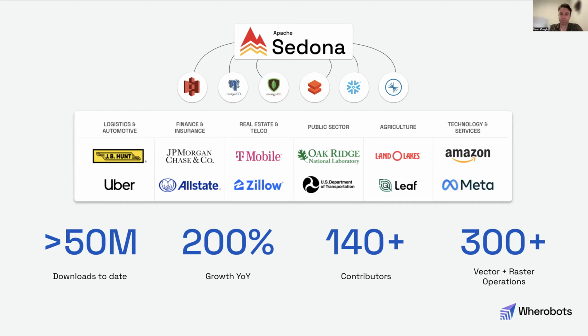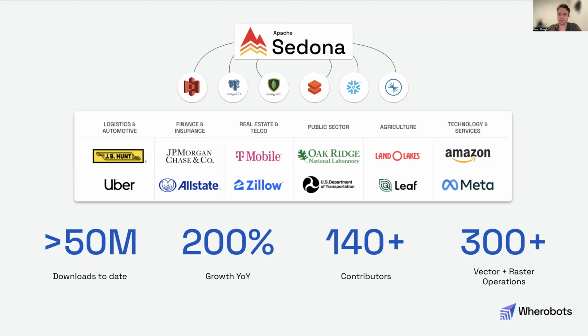For obvious examples, you look at JB Hunt or Uber or Amazon, T-Mobile, even Allstate. Across these different organizations, this is exactly the type of analysis they're interested in: understanding how this movement-related data relates to their assets and their operations.